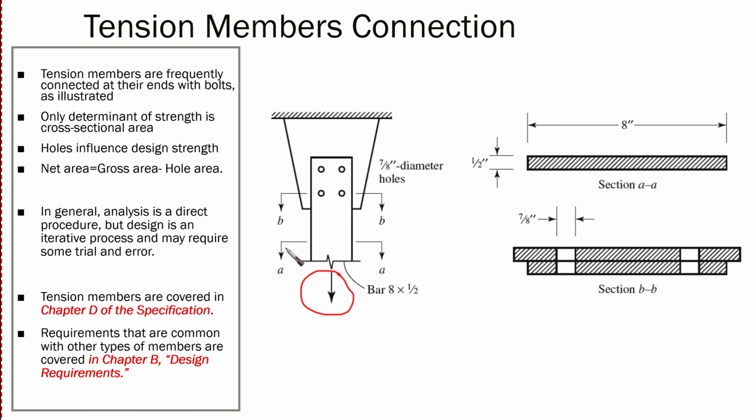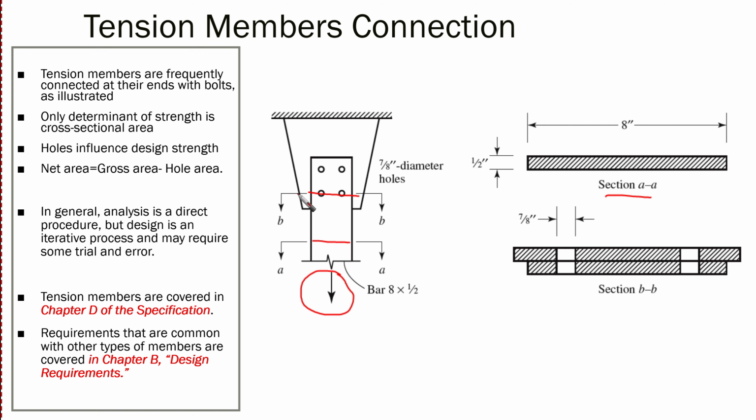If you look here, you're going to see that we have two sections. One section is passing through the holes of the bolts, and the other one is passing through the cross-sectional area of the member. Whenever we look at this cross-sectional area, which is section AA, for example, this is what we call the gross area. There are no holes here.